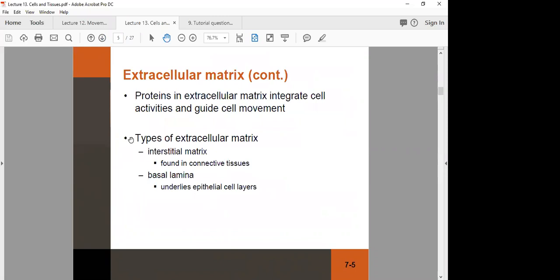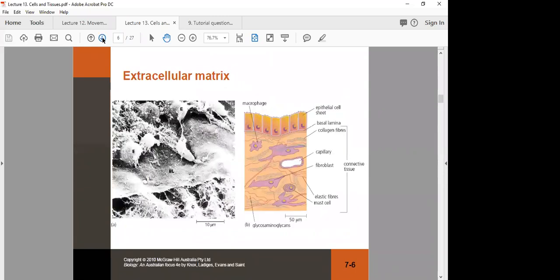There are two major types of ECM. One is called the interstitial matrix, which is found in connective tissues, and one is called the basal lamina, which is found under epithelial cell layers. We'll come back to some of those terms in just a minute.